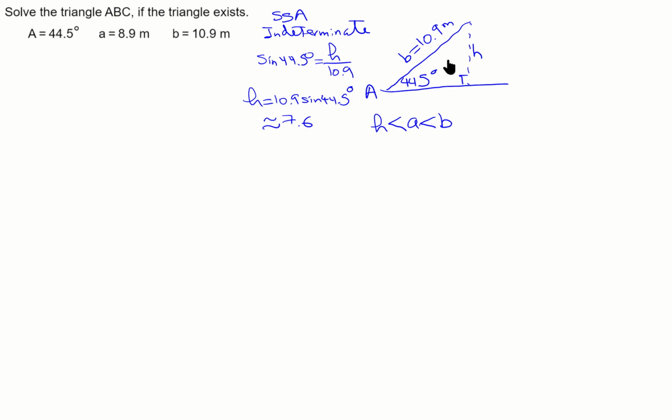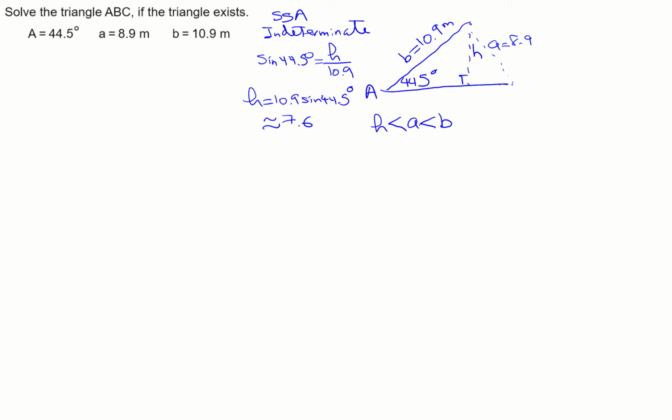So we know we're going to have two scenarios. So we're going to use the law of sines. Let's do one potential situation here with a being 8.9, just so that we can get a feel for how we're going to set up the law of sines.